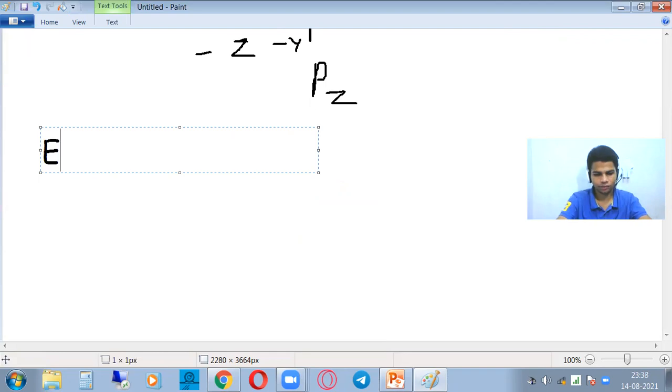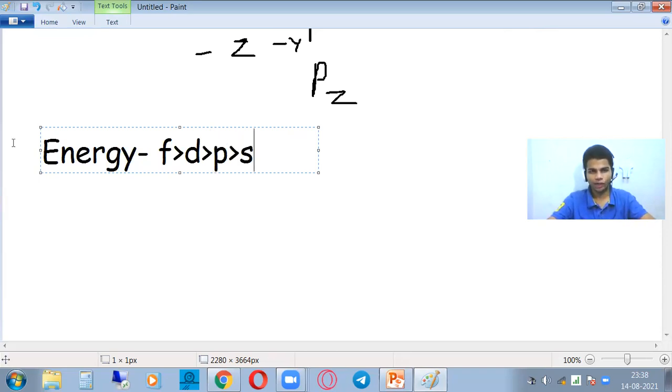I already mentioned that in the energy level, f orbital will have the highest energy. Then there will be d, then p, and then s. So the s orbital will have the minimum energy, then p orbital, then d orbital, and then f.